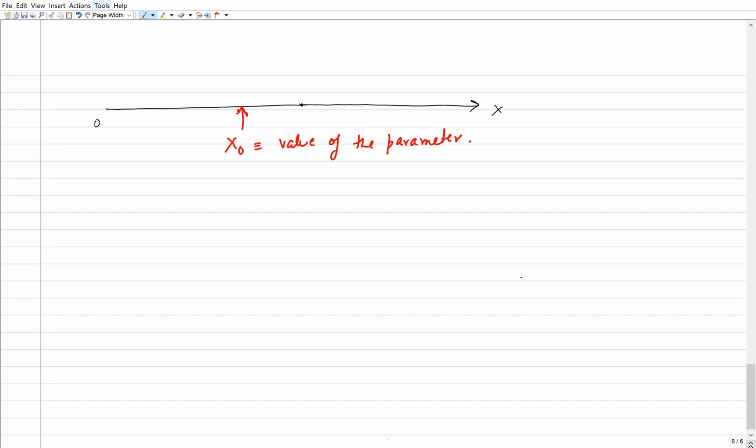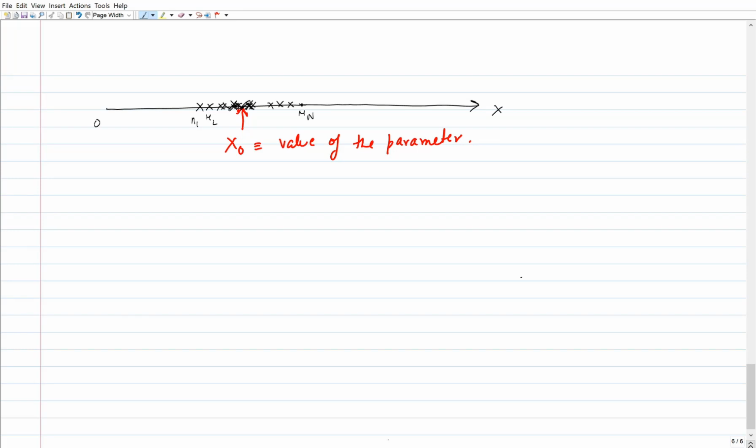We perform a series of measurements, and at every run of the experiment I get different values M1, M2, and so on, up to Mn. I get various values of the measurement record.